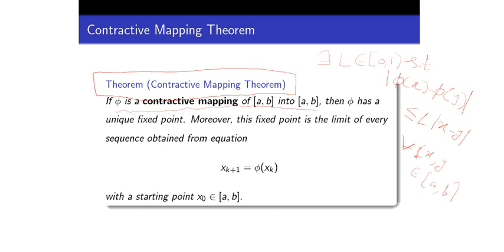So if phi is a contractive mapping, we have just come to know that it has a unique fixed point.